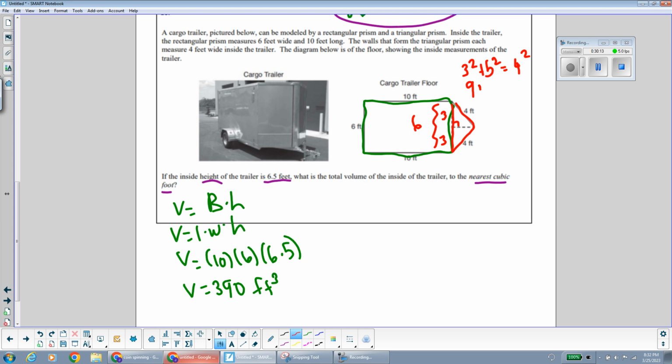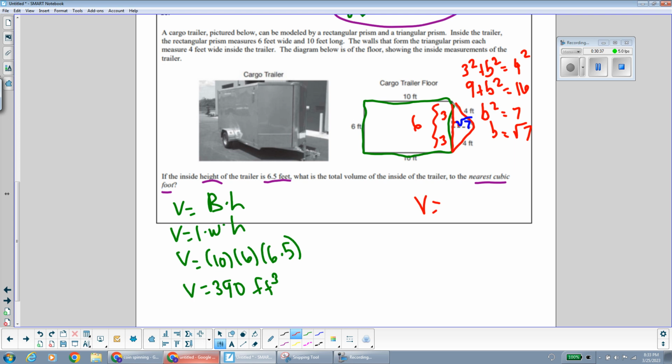So that's 9 plus b squared is equal to 16. So b squared is equal to 7. So b is radical 7. So our height is radical 7. Not such a nice number. That's okay. So let's find the volume of the triangular prism.